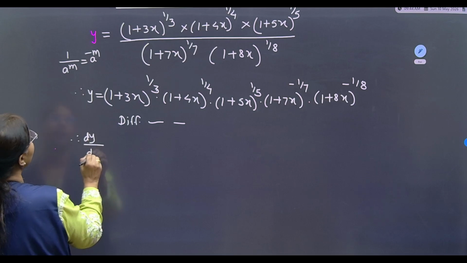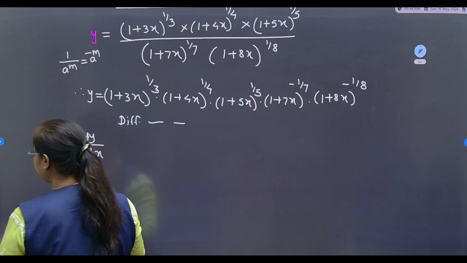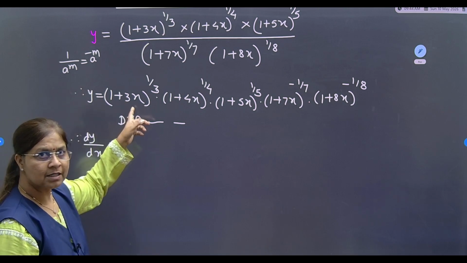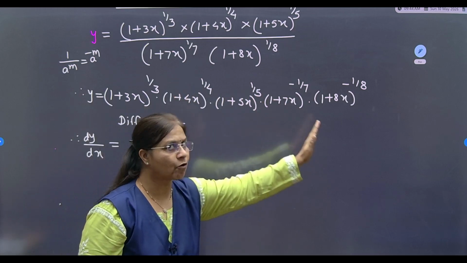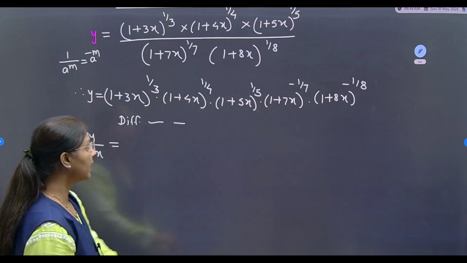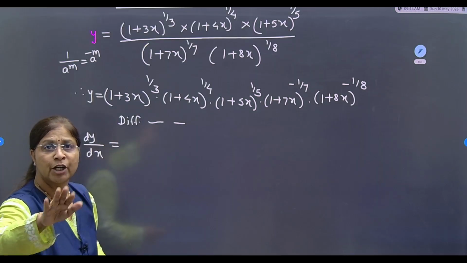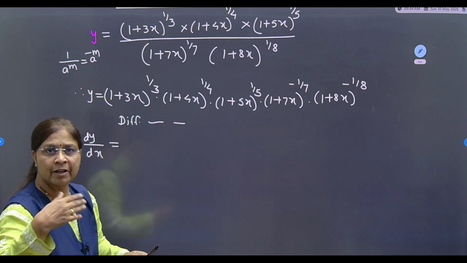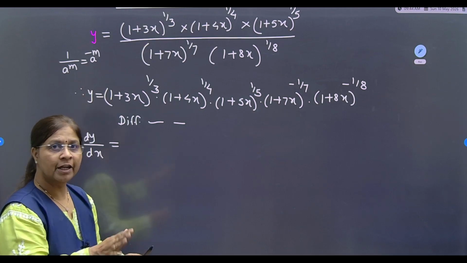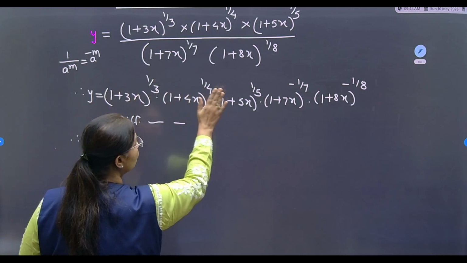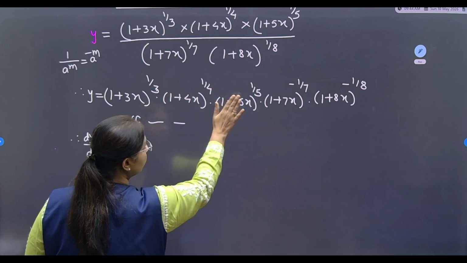Therefore, dy upon dx is equal to the derivative of the first term into the product of the 4 terms. We know the product rule: d by dx of u into v is u into dv by dx plus v into du by dx. Similarly, here the terms are 5: 1, 2, 3, 4, 5.